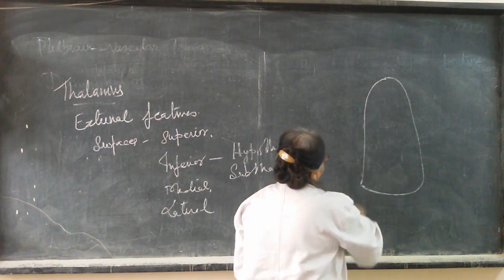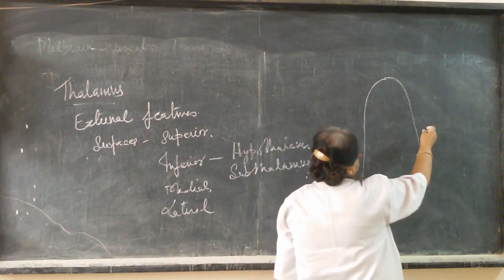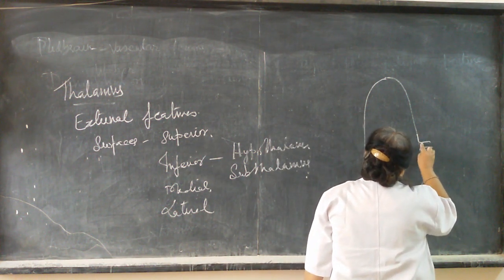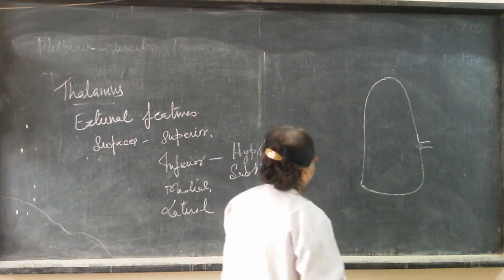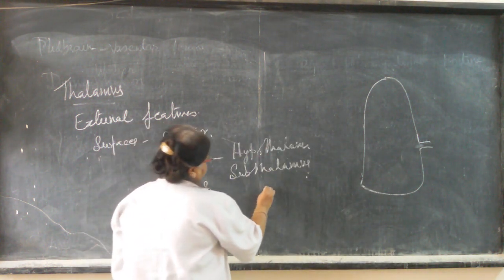On the medial surface, we get a projection known as the interthalamic adhesion.